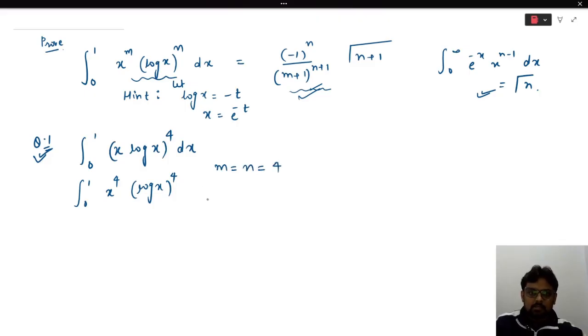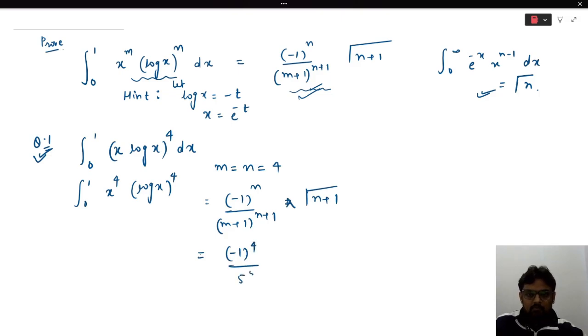So the right hand side is minus 1 to the power n upon m plus 1 to the power n plus 1, into gamma n plus 1. So this will become minus 1 to the power 4, which is 1. M plus 1 means 5 to the power 5 into gamma 5.